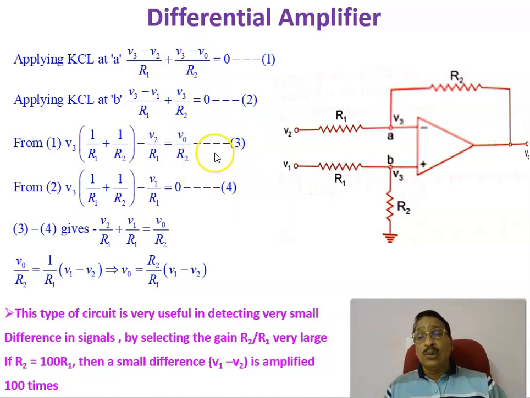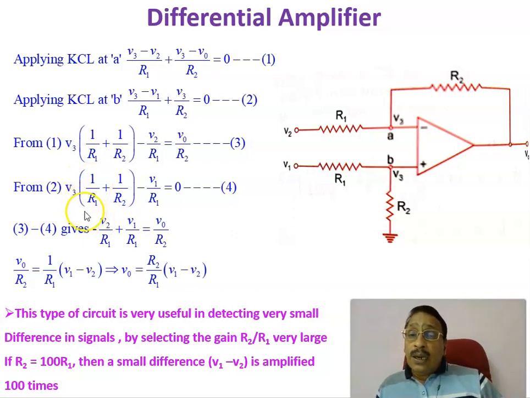Similarly, from equation 2, grouping terms, V3 times (1 by R1 plus 1 by R2) minus V1 by R1 is equal to 0. Therefore, from equations 3 and 4, subtracting 3 minus 4, we get V2 by R1 plus V1 by R1 equal to V0 by R2.